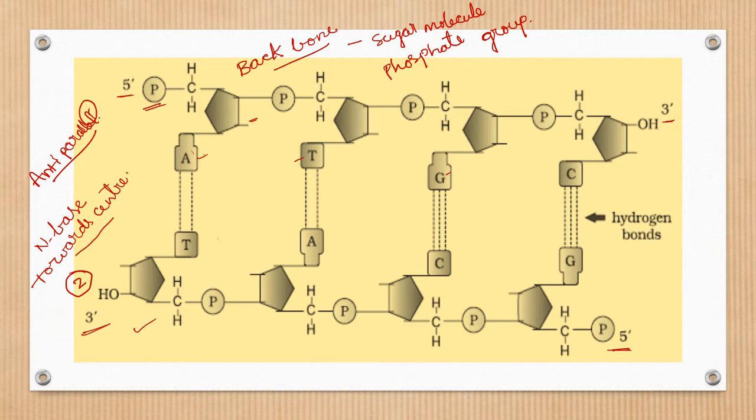So, in a double helical structure, two polynucleotide chains are joined together by hydrogen bonds formed between nitrogen bases.